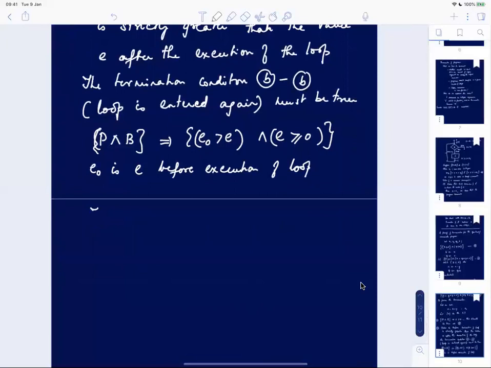The termination condition at B, what is it now?